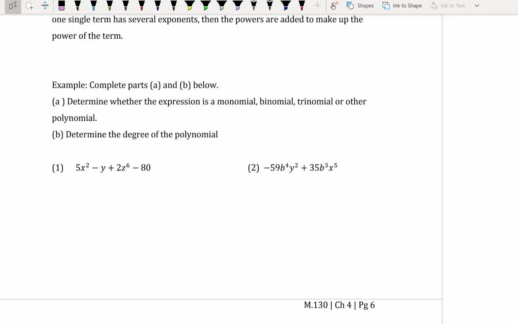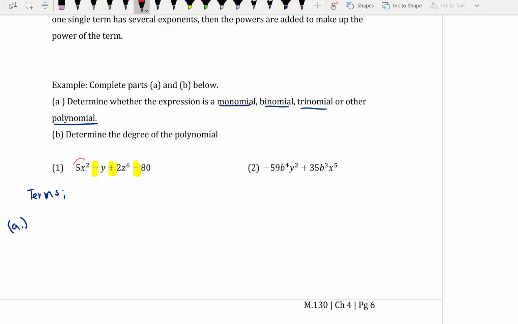So let's see how many terms this first one is. So let's think about the terms. That's going to be our part A, right? How many terms is going to tell us whether it's a monomial, binomial, trinomial, or just a regular polynomial. So here, let's look at our addition and our subtraction.